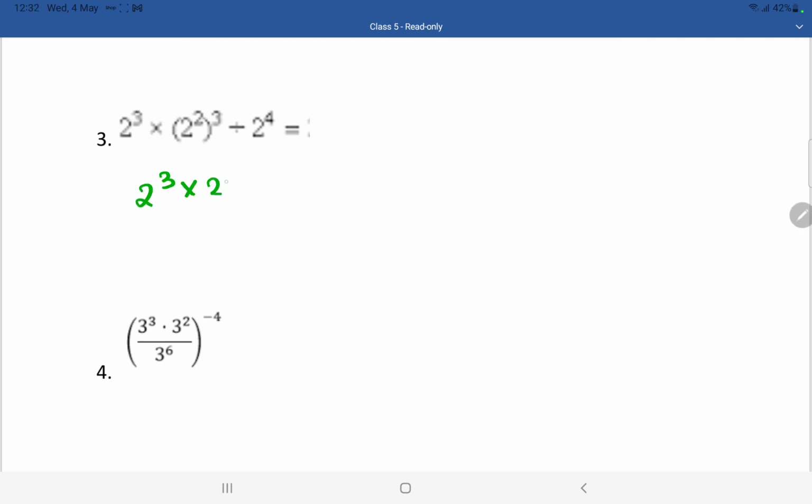2 cube into 2 square whole cube divided by 2 power 4. Right? So first I am going to solve the bracket here. I told you a power m whole power n is equal to a power mn.